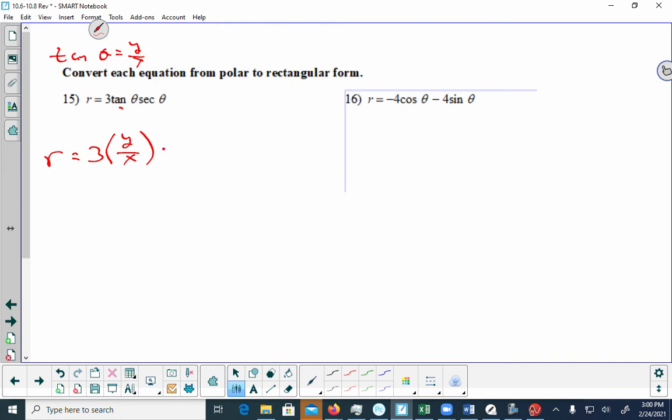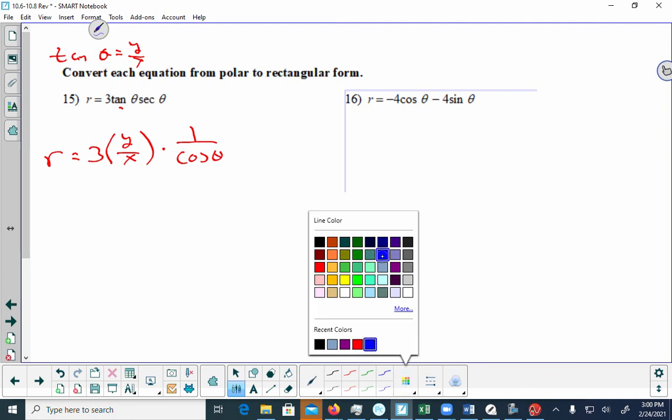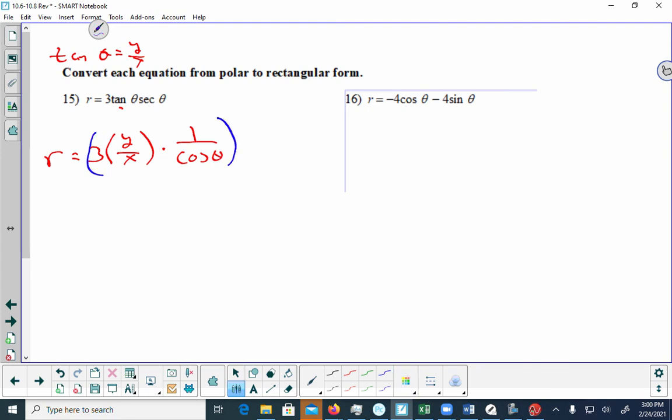Secant, I remember, is 1 over cosine theta. So when I'm going to simplify this, I'm probably going to multiply both sides by cosine of theta to get that cosine out of the denominator. I'll fix the rest in a second. So I'm going to have r cosine theta is equal to 3, can I write 3y over x?